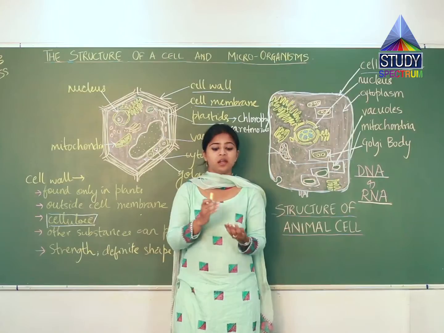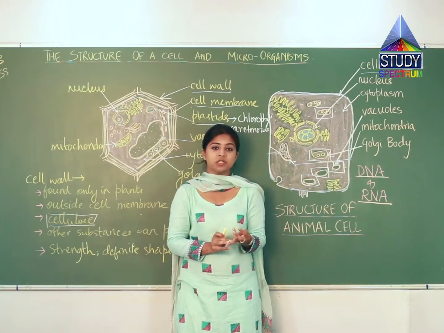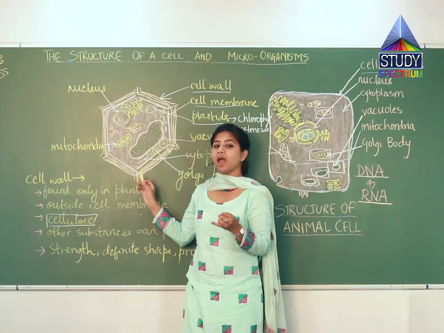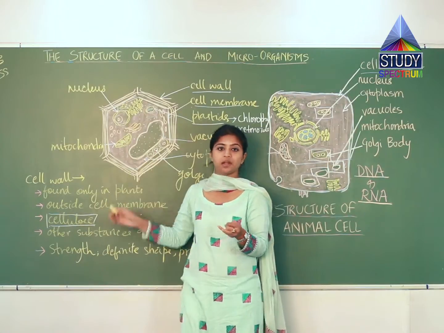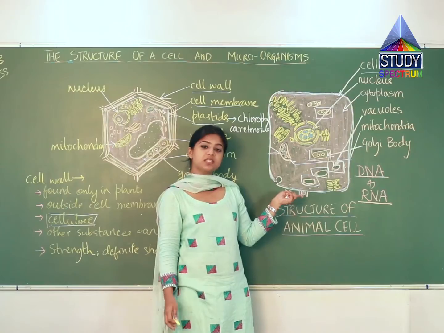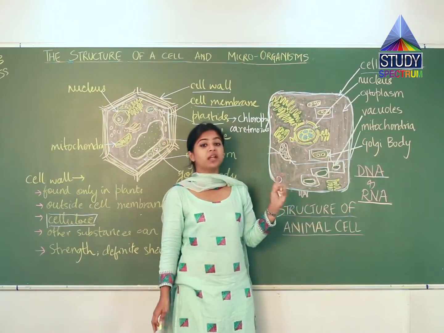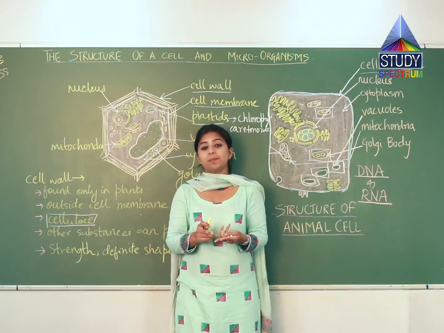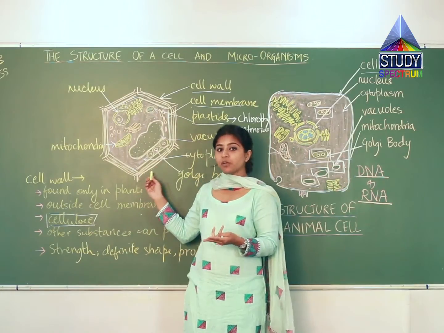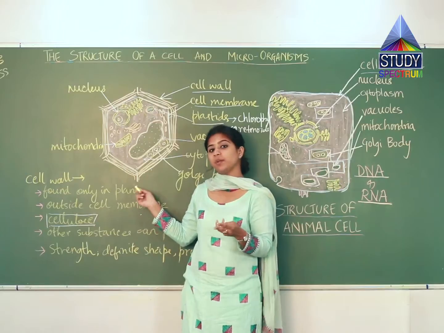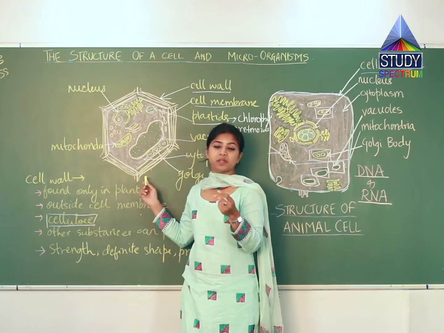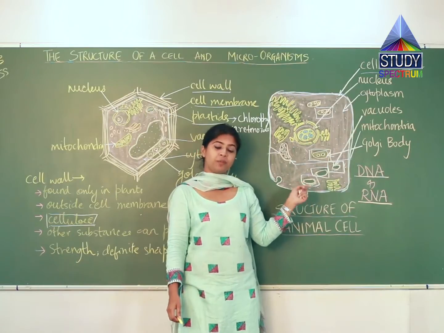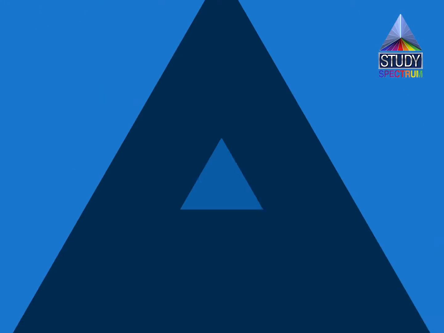So we'll again count the 3 points of differentiation. The first one was that the plant cells have a cell wall with them and the cell membrane in the inner part, while the animal cells lack the cell wall and contain only the cell membrane. The second point is that the plant cells have chlorophyll pigments in them that help them produce food by the process of photosynthesis, while the animal cells lack the chlorophyll material and hence are not autotrophs.